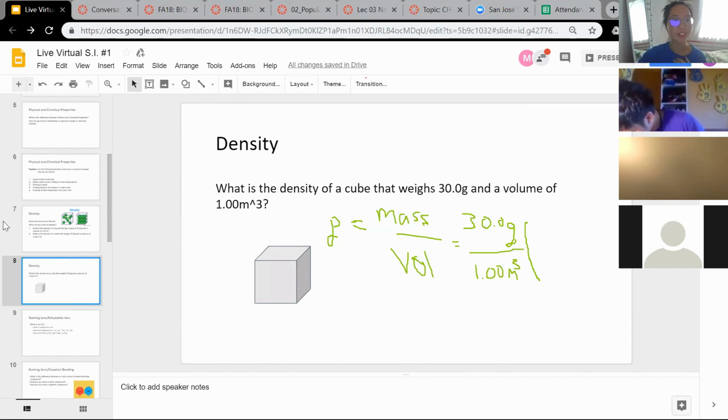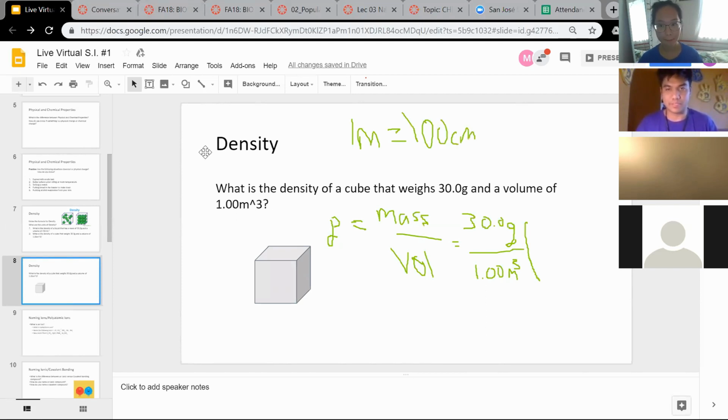All right. So now we know that 1 meter is equal to 100 centimeters, right?